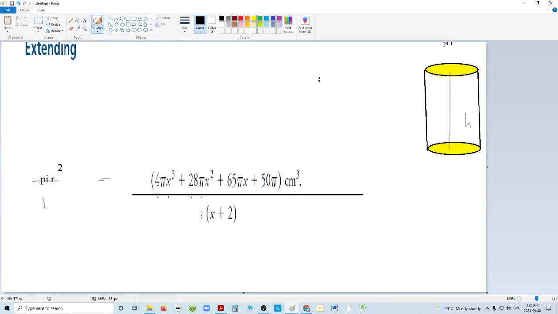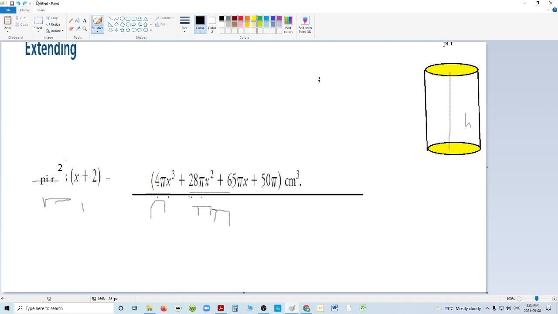Let's get rid of the pi on both sides, divide by pi on all sides. Before I get rid of the x plus 2, let's leave it over here and divide by pi first. If I divide this by pi, I'm not allowed to divide that unless they each have a term of pi. You can think of each one as an individual fraction over pi, which means the pi's will cancel out.